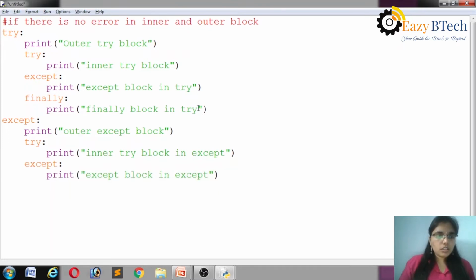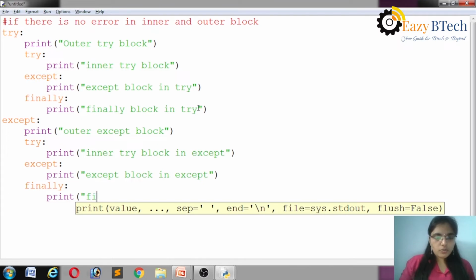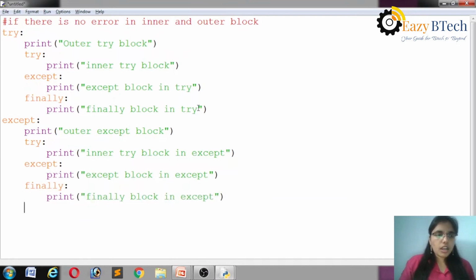After that, finally, print finally block in except. After that, I'm writing a finally block for the outer try except finally.